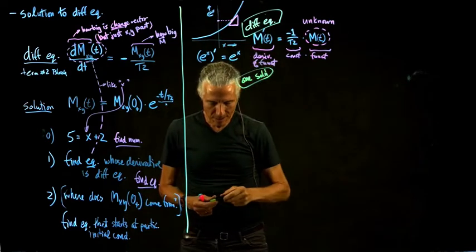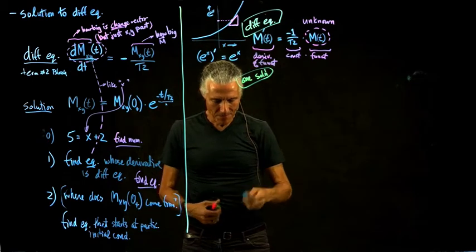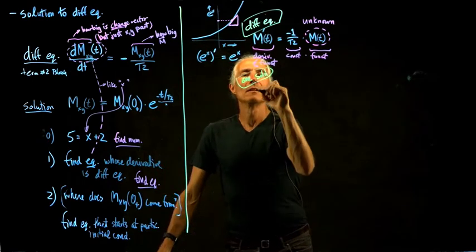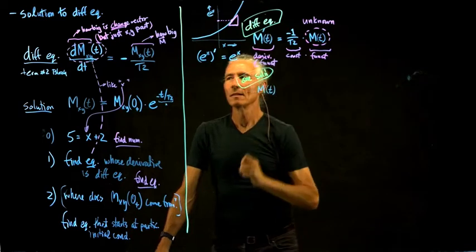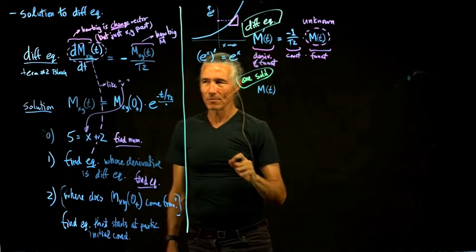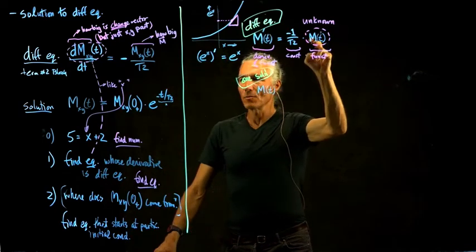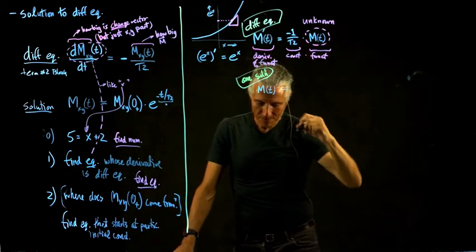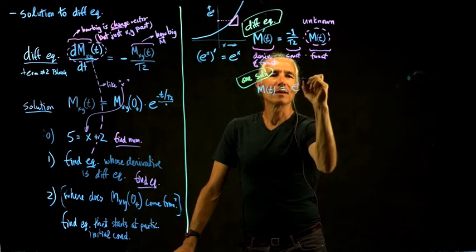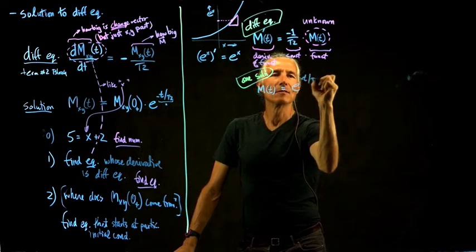So one solution is, here's m as a function of t. There's no derivative on that now. It's like this guy, it's an unknown function, but now we've solved it. And when we've solved it, our answer is e to the minus t over t2.